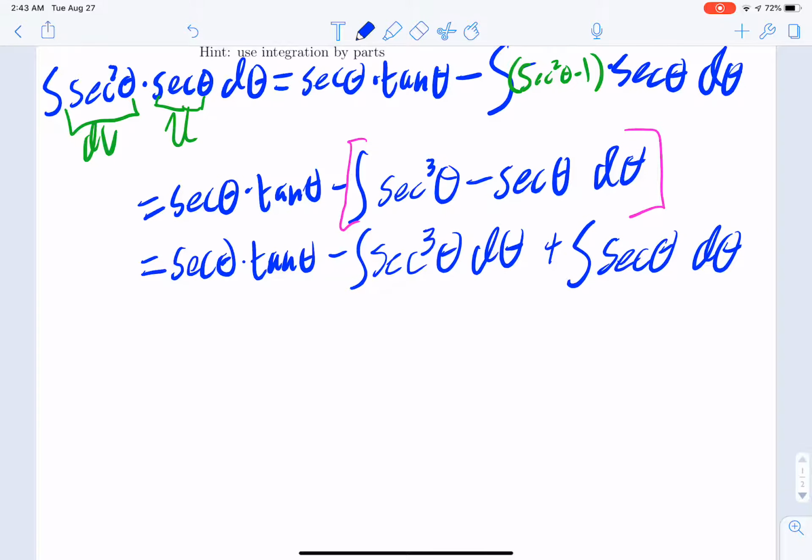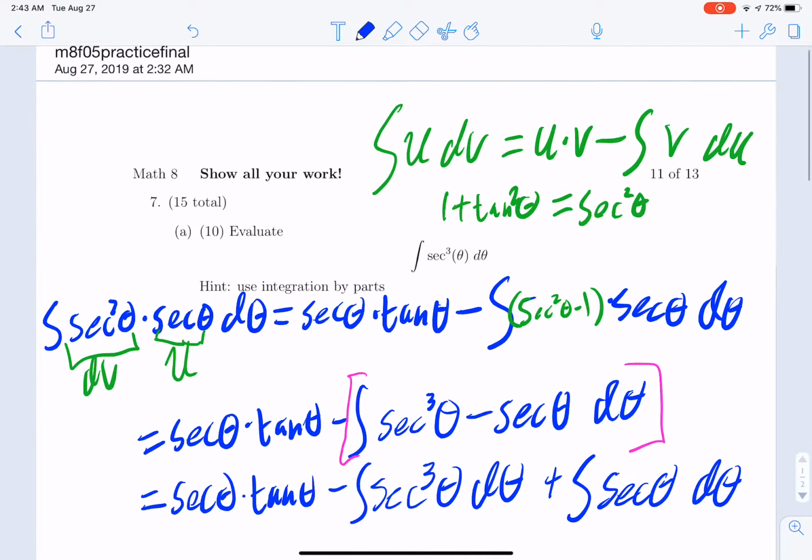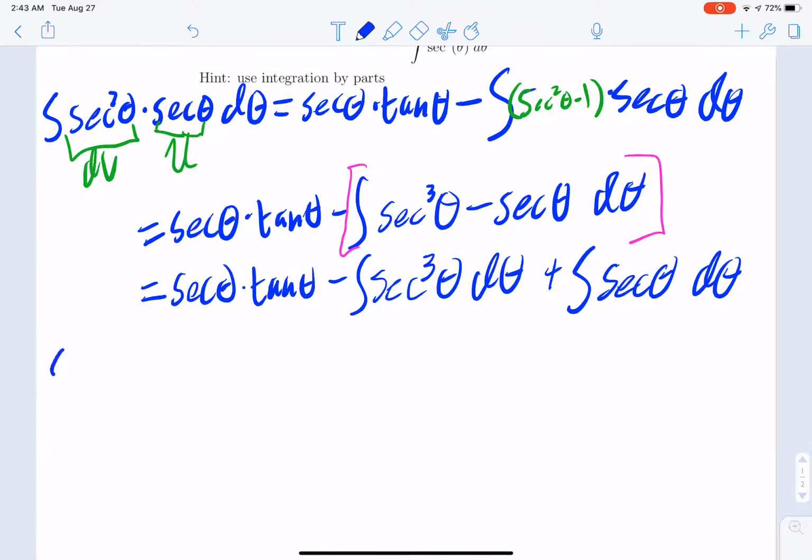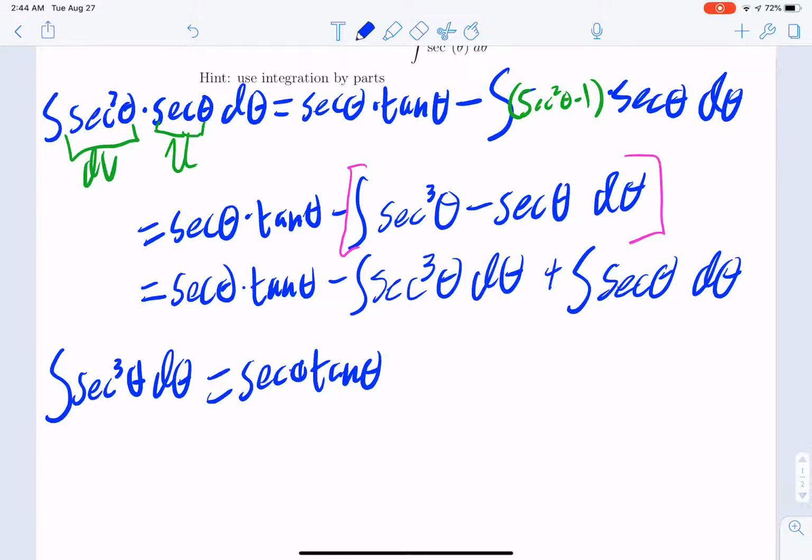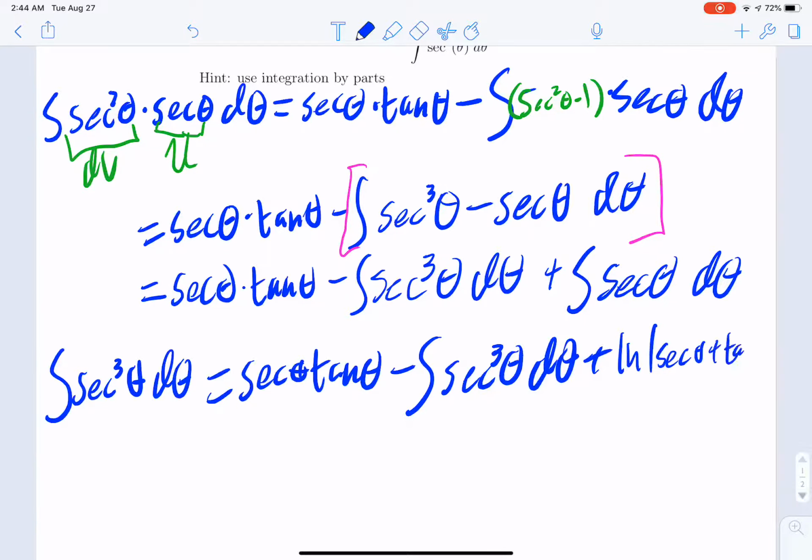So now we're going to write the original expression in with the integral. We know that secant cubed theta was the original integral, and that's equal to sec theta tan theta minus the integral of secant cubed theta d theta plus, okay, the integral of secant theta, which is the natural log of the absolute value of secant theta plus tangent theta.